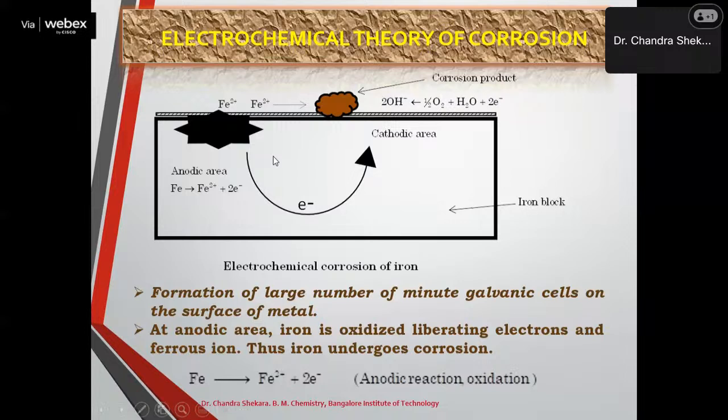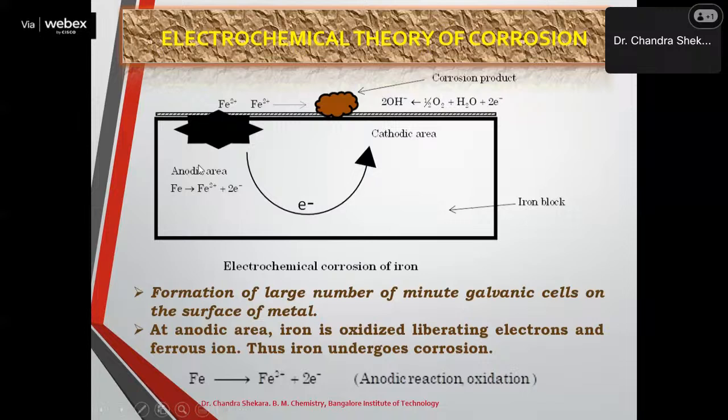And we'll discuss one of the major reasons why the difference in potential is generated later. Now, we shall assume that when the iron metal is exposed to the environment, some part of the metal is at lower potential and some part of the metal is at higher potential. And part of the metal which is at lower potential, it becomes anodic area.